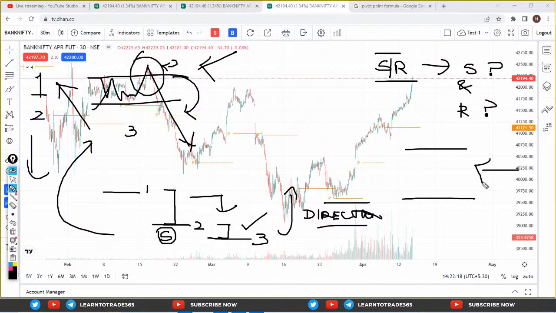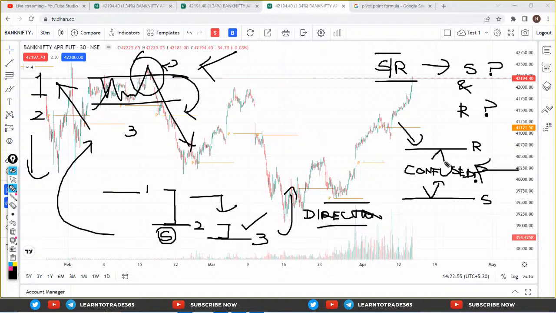If you are already marking support and resistance, let's assume you are marking on all trading sessions, on any time frame, daily, weekly, 30-minute, 15-minute, 5-minute, 3-minute, whatever time frame as per your comfort, most of the time there is a chance you are confused whether this resistance will get respected, or whether this support level price will respect and reverse back or not.